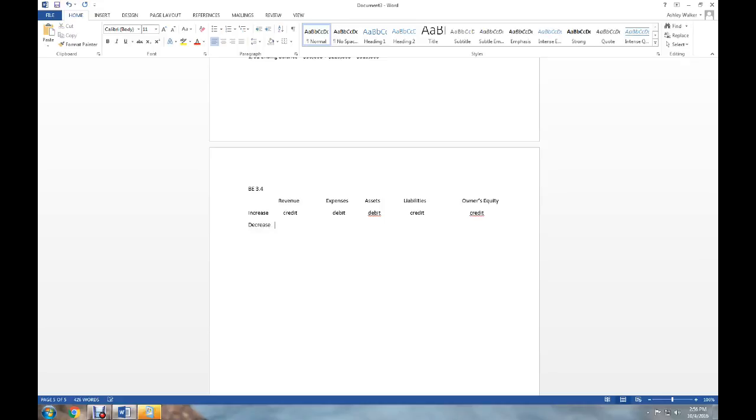So how do we decrease each of those account types? So if we credit revenue to increase it, that means we have to debit it to decrease it. Expenses is a debit to increase, so a credit to decrease. Assets, a debit to increase and a credit to decrease. Liabilities, a credit to increase and a debit to decrease. And owner's equity, a credit to increase and a debit to decrease.